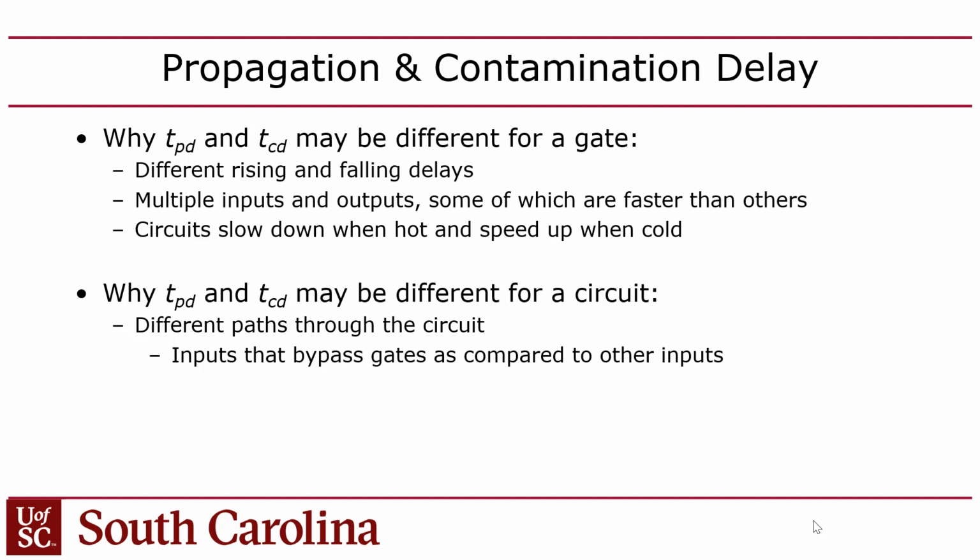Also, temperature affects gates. They're slower when they're hot. They're faster when they're cold. Is that because of throttling? No, that's a semiconductor property, a device property. For whatever reason, the charge carriers inside the silicon. Isn't it when a wire gets hotter, the resistance increases? Well, that's true also. Yeah, you're right. That's for wires.